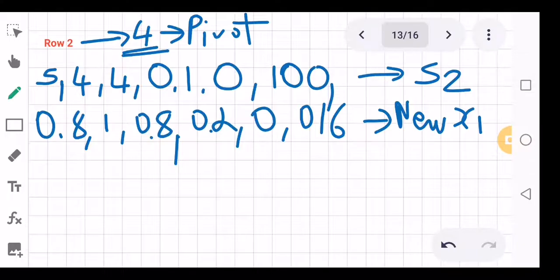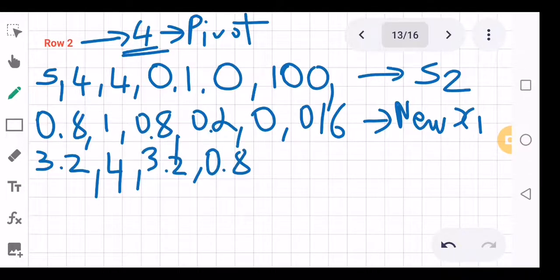Now what you have to do next is multiply this 4 with the new x1 row. When you multiply these, you will get certain values. 4 times 0.8 is 3.2. 4 times 1 is 4. 4 times 0.8 is again 3.2. 4 times 0.2 is 0.8. 4 into 0 is 0. 4 into 0 is 0. 4 times 16 is 64.